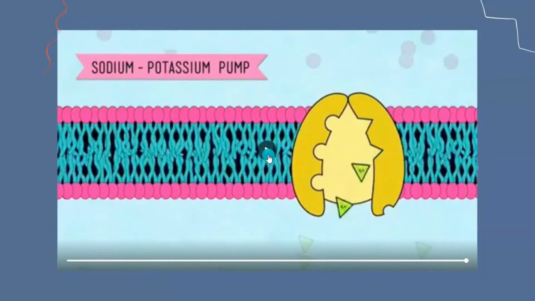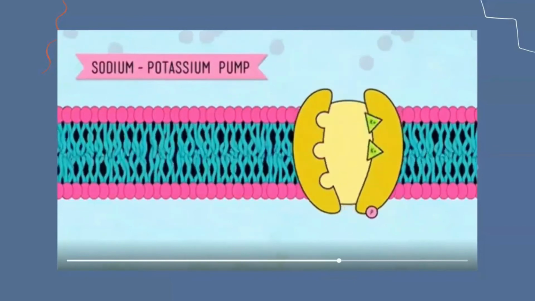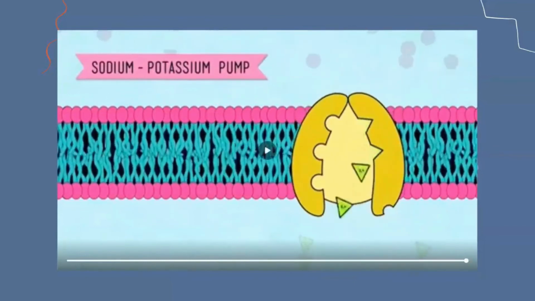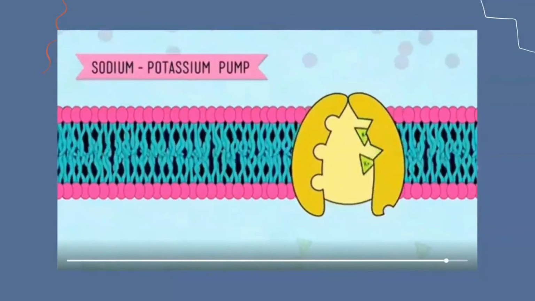So since may ATP na involved, it is a type of active transport. Ang mnemonic ko dito is PISO, potassium in, sodium out. So ilan ba yung pumapasok na potassium? May dalawa. Ang lumalabas naman na sodium ay tatlo.